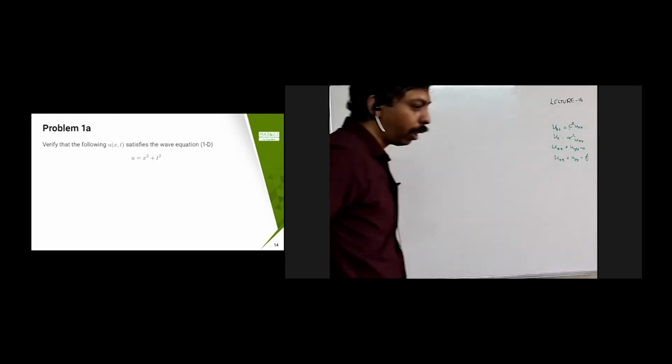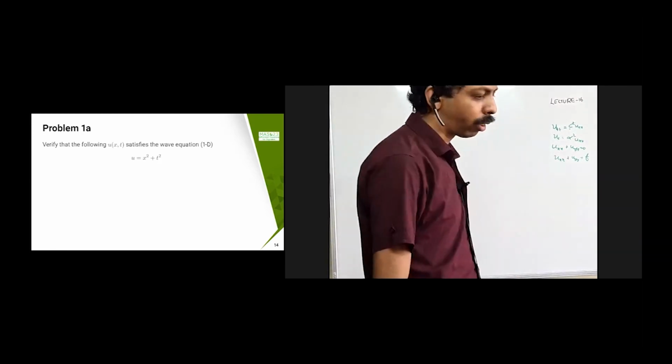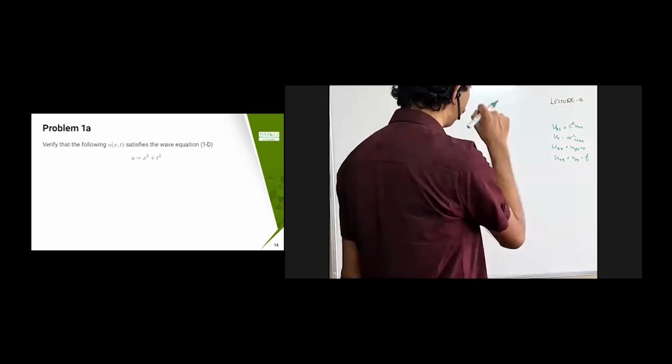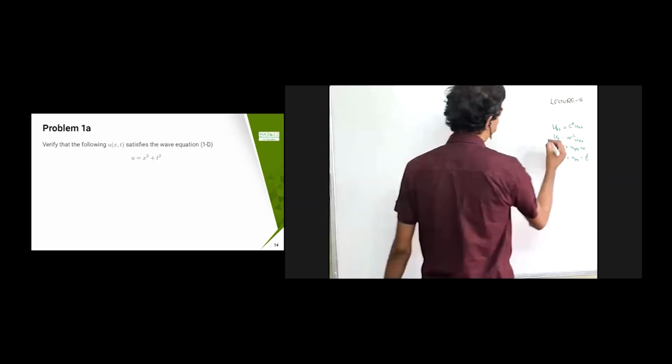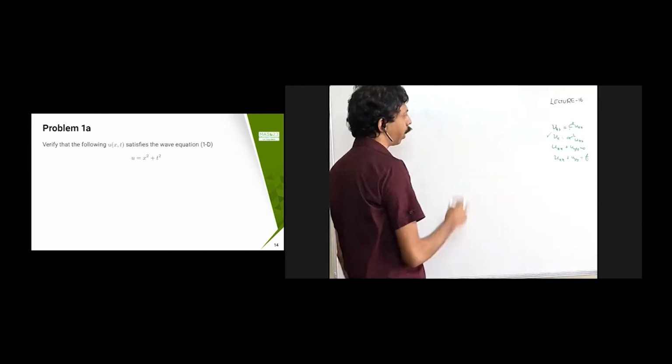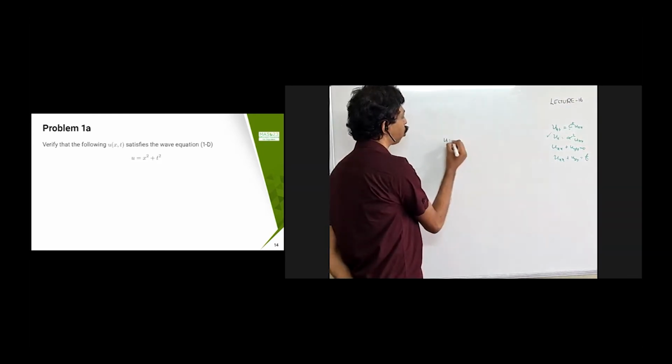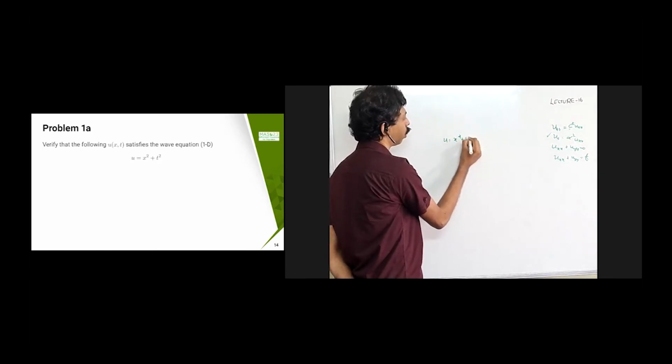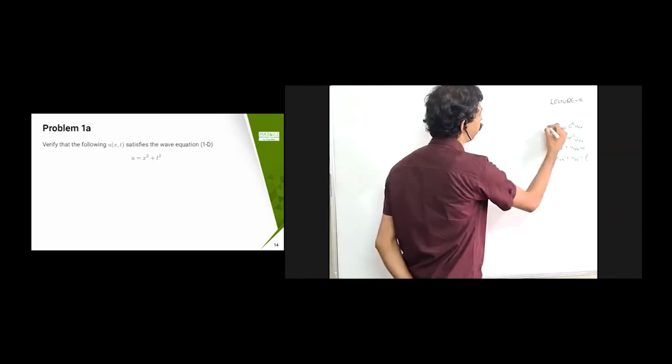Now what we are going to see is whether u equal to x square plus t square is satisfying this wave equation or not. That we will check. In this case, I am going to take c equal to 1. So u equal to x square plus t square. Sorry, this is the wave equation here.